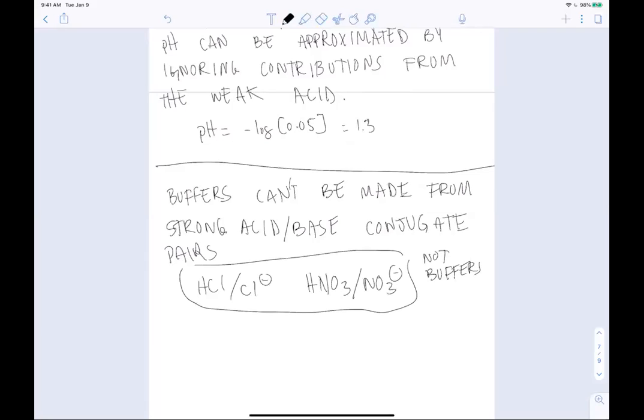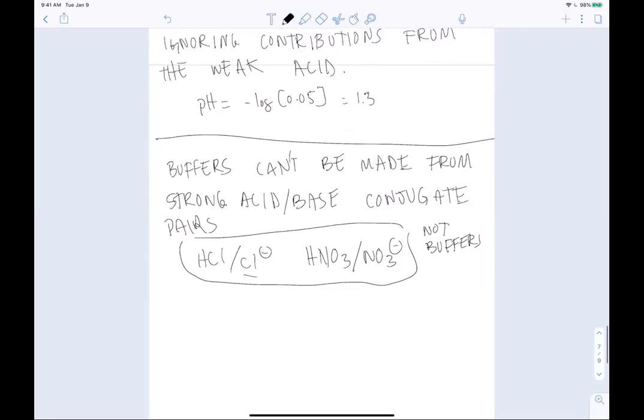Yeah, because they dissociate too well. In order for it to buffer against pH changes, the conjugate base actually has to react. If you have something like this, there's not really an equilibrium there.